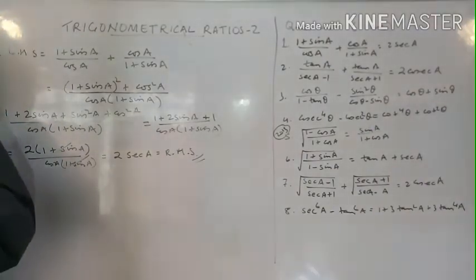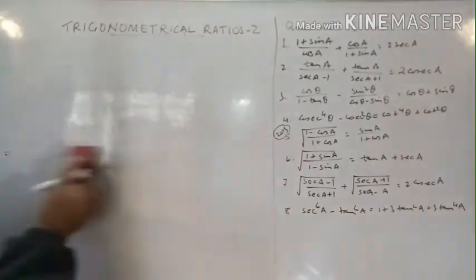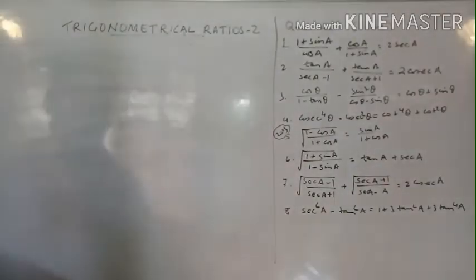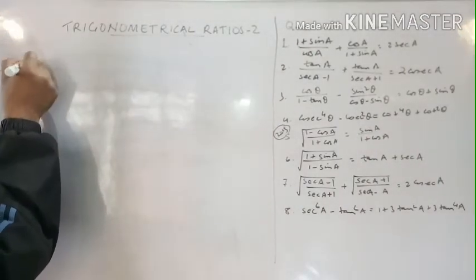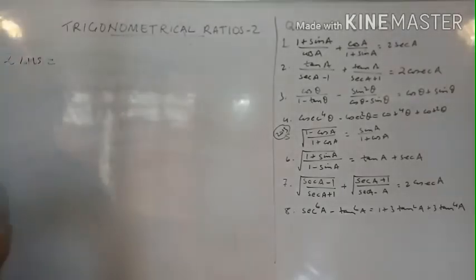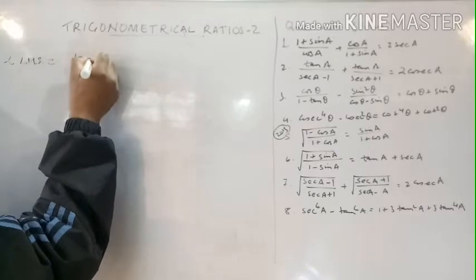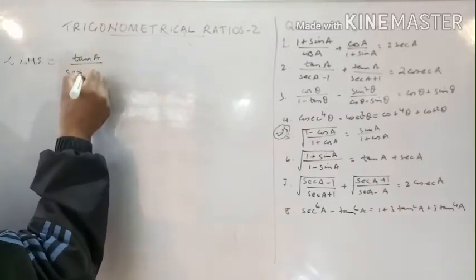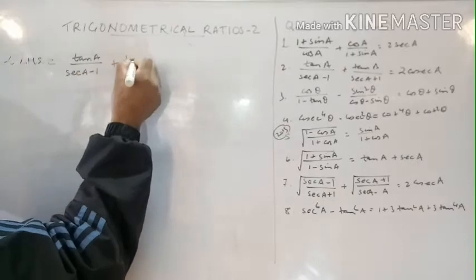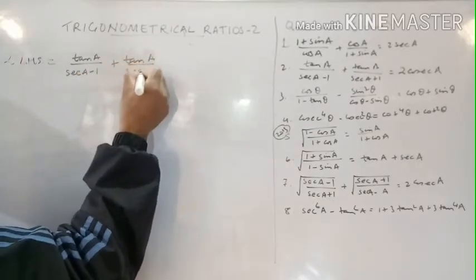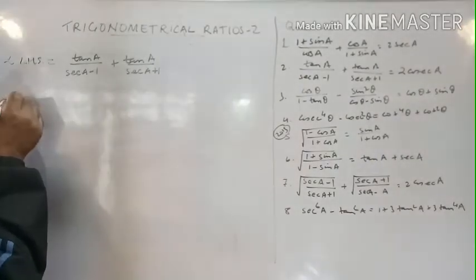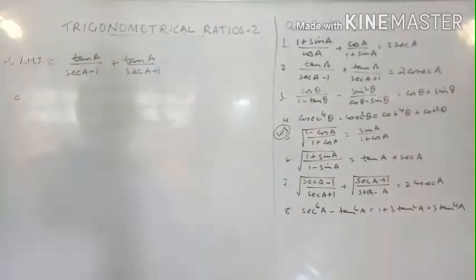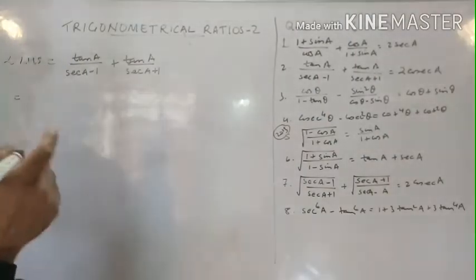Now let's take question number 2. We take the left hand side: tan A by (sec A minus 1) plus tan A by (sec A plus 1), and what we have to get is 2 cosec A. So the right hand side is 2 cosec A. It's easier to change into sin and cos, because cosec comes from sin, since 1 by sin is cosec.